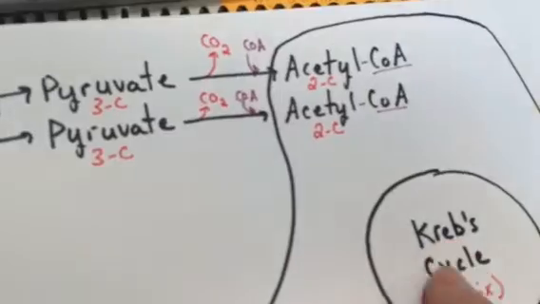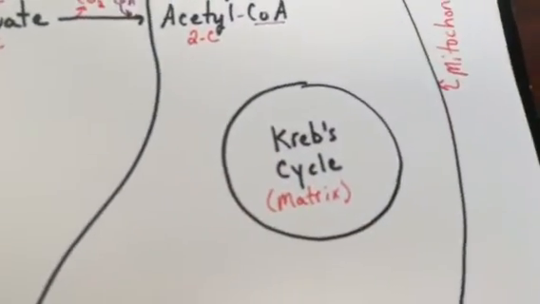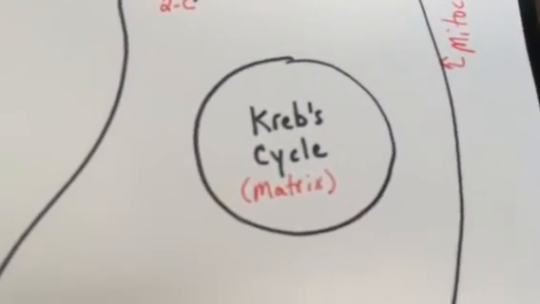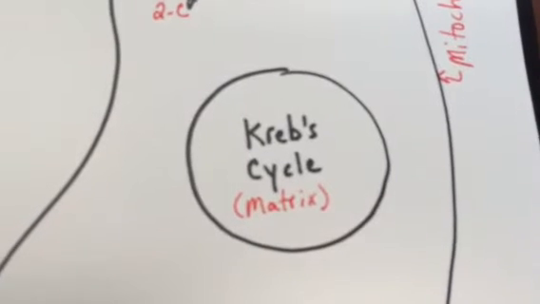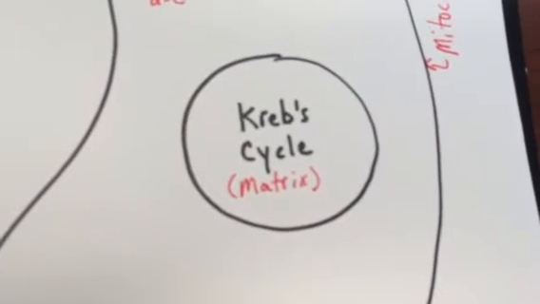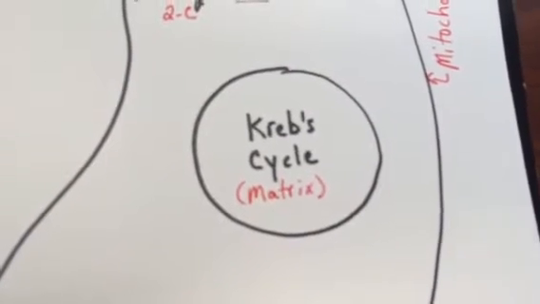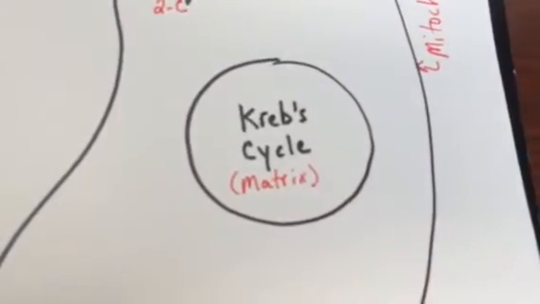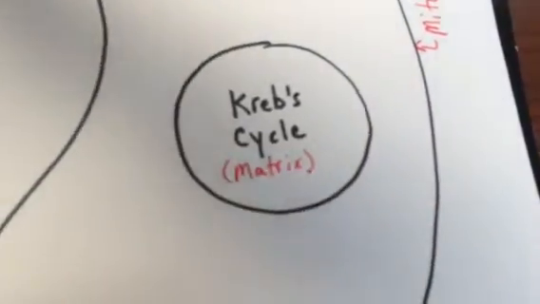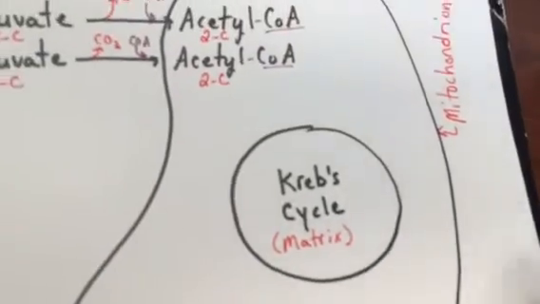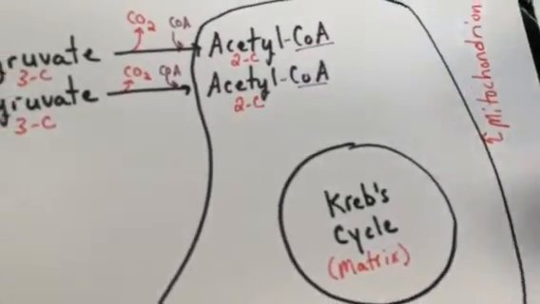So as we're going into the Krebs cycle here, the Krebs cycle is always drawn like a circle like this because the Krebs cycle is a cyclic series of reactions. It can also be called the citric acid cycle, and that's because of one of the intermediates that we find in this step. So I'm just going to show you the basic concept that you want to remember for the Krebs cycle.